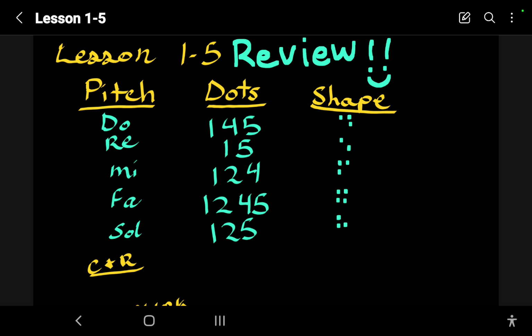And number 5, here is Do, and here is the melody. Pause. Here is number 5 for the second time.